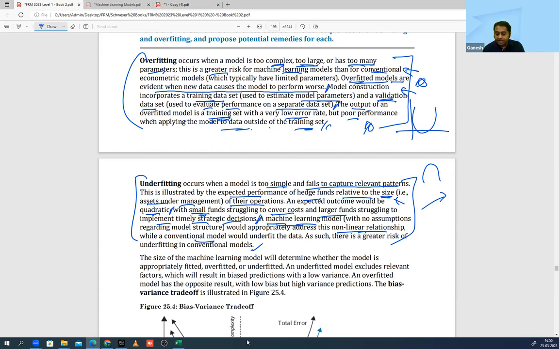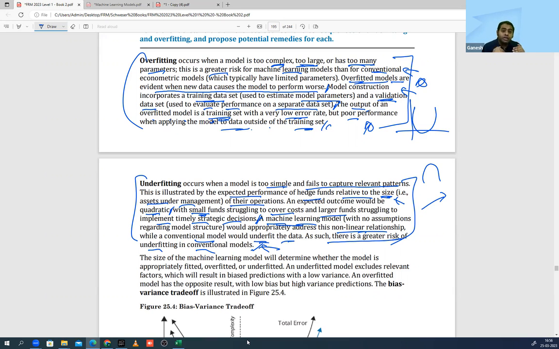And what is this underfitting of the data? There is a greater risk of underfitting in a conventional model. Why? Because if suppose the real behavior was non-linear, and in the conventional model I assumed linearity and ran the model, what will happen? Errors will be big, which represents underfitting.